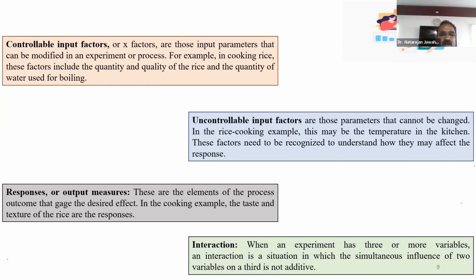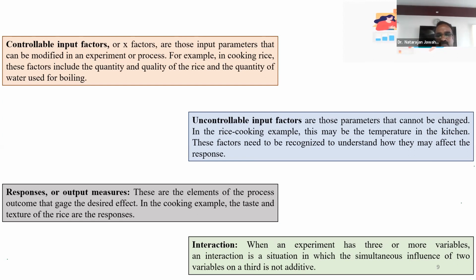For example, in cooking rice, the factors include quantity and quality of the rice, and quantity of water used for boiling. If you change the rice, the process will change. Or if you reduce the quantity of water for boiling, the boiling process will not be okay. So these are all controllable inputs.